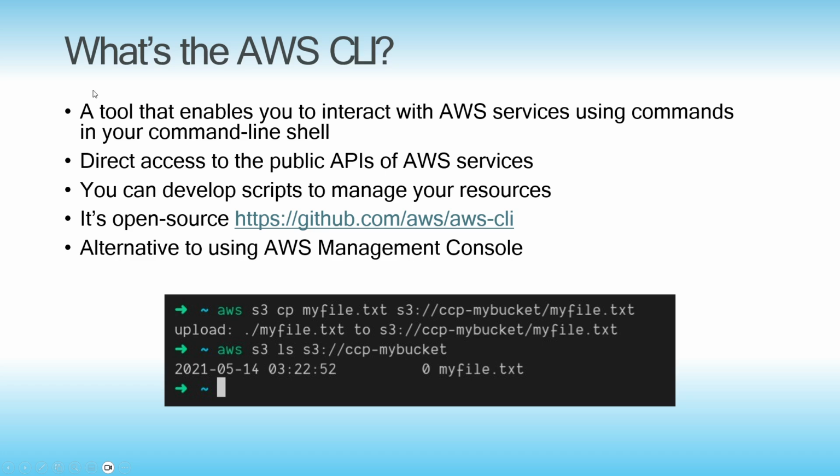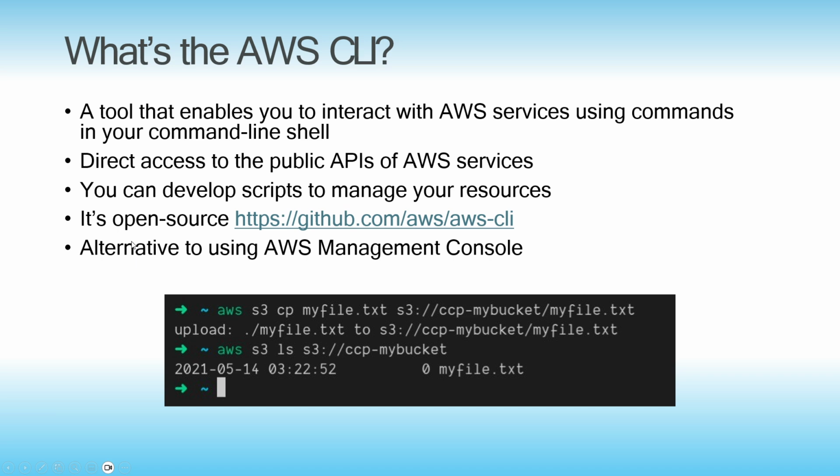Now come to the CLI. This slide is giving you directly how we can copy and paste one file into the S3 bucket using CLI. Once we configure that, first we need to install the AWS CLI on our local machine.